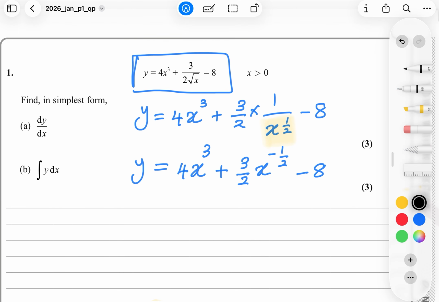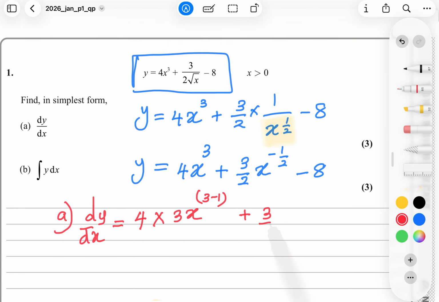Now let's move to question number 1. For the a part, to get dy over dx, the 4 is here, and the 3 comes to the front, so this will be x to the power 3 minus 1, and the 3 divided by 2 is there unchanged, and then you get the negative half to the front, and this will be negative half minus 1.